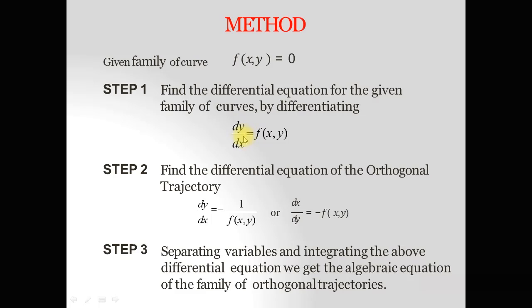First of all, differentiate the given equation, and you will get the slope of the tangent of the first family of curves. Then find the differential equation, meaning the slope of the tangents of the orthogonal trajectories. When two tangents are perpendicular, their slopes are negative reciprocals.